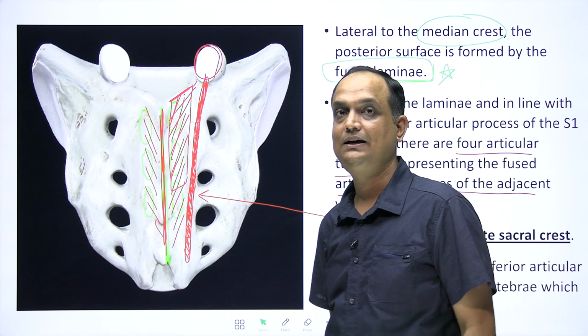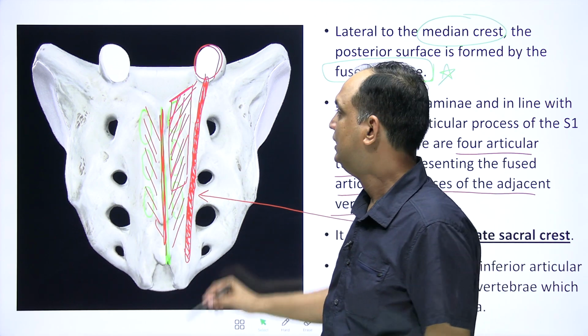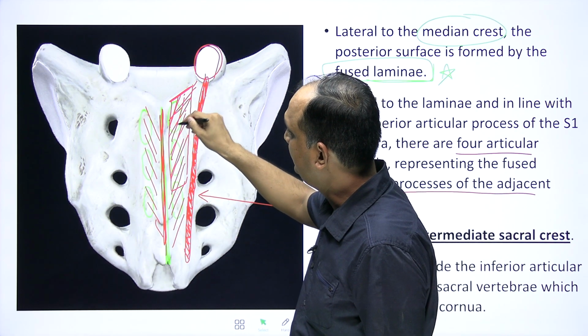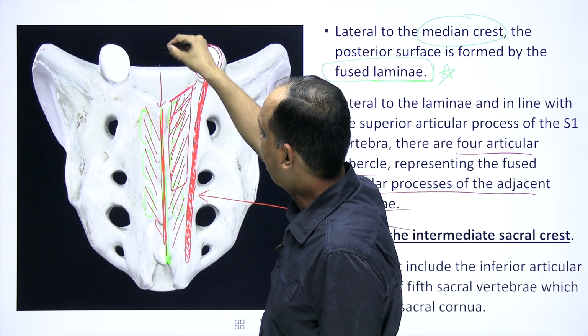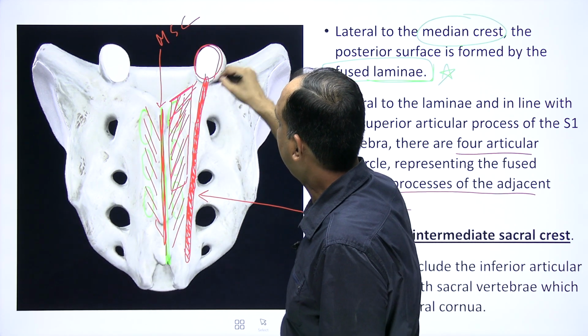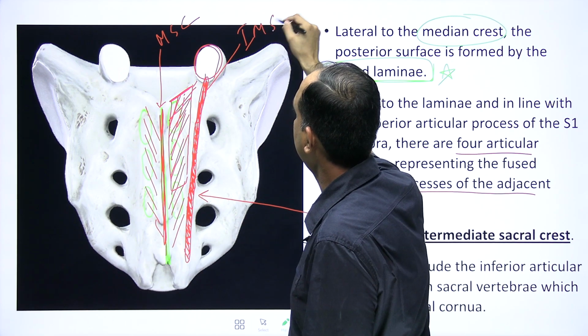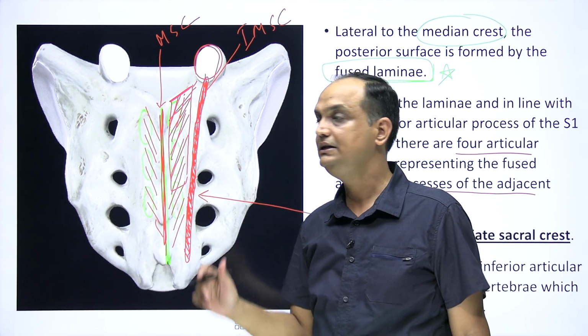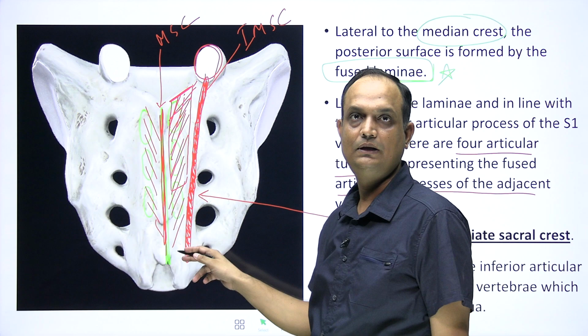Or I can say that if you have this question in the exam, the part of the sacral vertebrae that lies between the median sacral crest and the intermediate sacral crest is formed by, the answer is fused laminae. Clear?